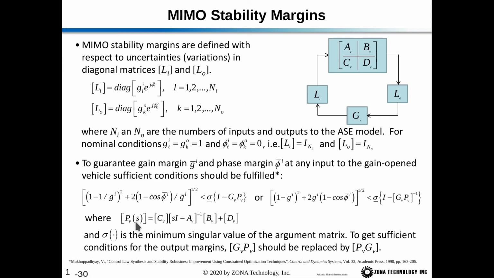So PV of s is CV times (sI minus AV) inverse times BV plus DV. And our sigma bar given here is the minimum singular value of the argument matrix. Now to get sufficient conditions for the output margins, GV times PV is simply replaced by PV times GV.